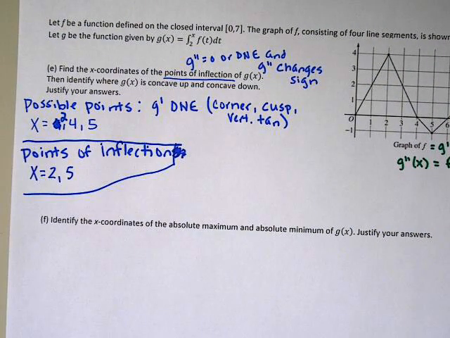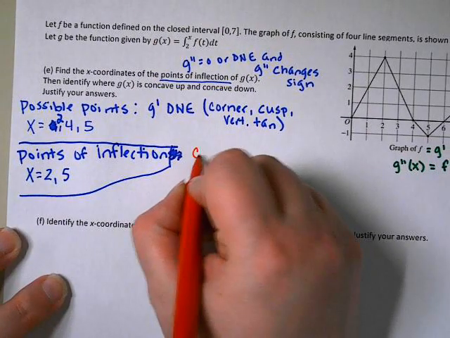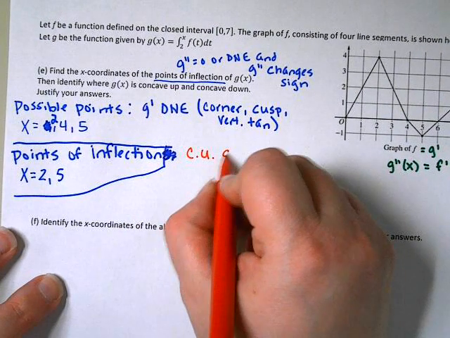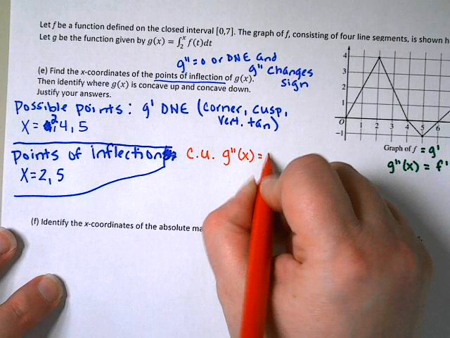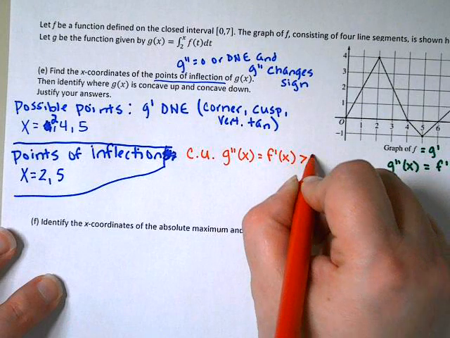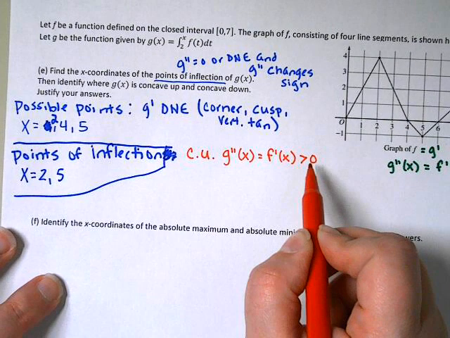Now let's look at where the function is concave up, and hopefully I don't make any more mistakes from here. Sorry guys. For the function to be concave up, we need the second derivative of g, so g prime of x, which is the same as f prime of x, to be greater than 0. So concave up.